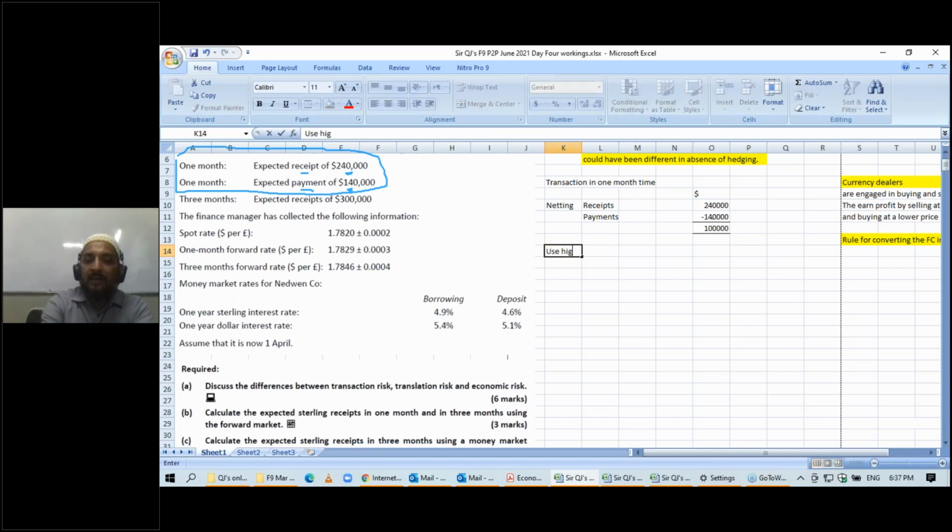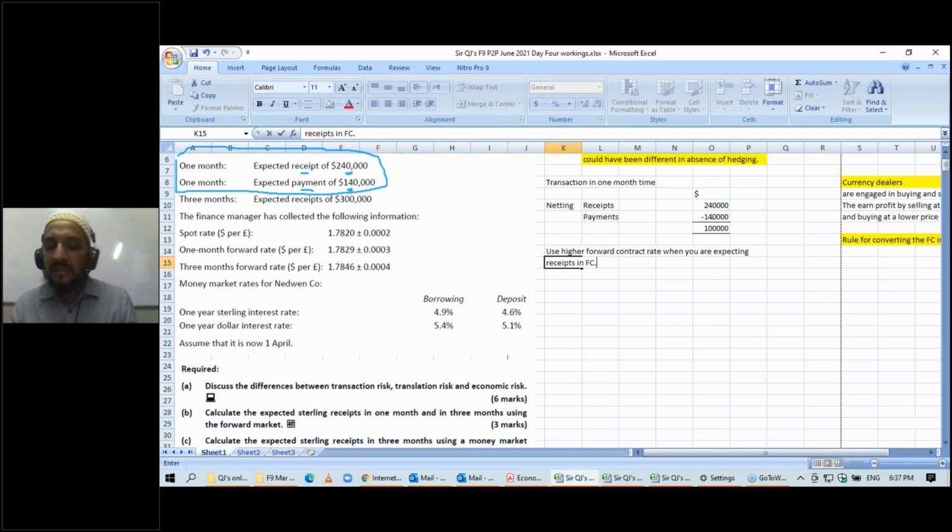Use the higher forward contract rate when you are expecting receipts in foreign currency. So always use a higher rate because they will give you the selling rate. The selling rate will be higher.